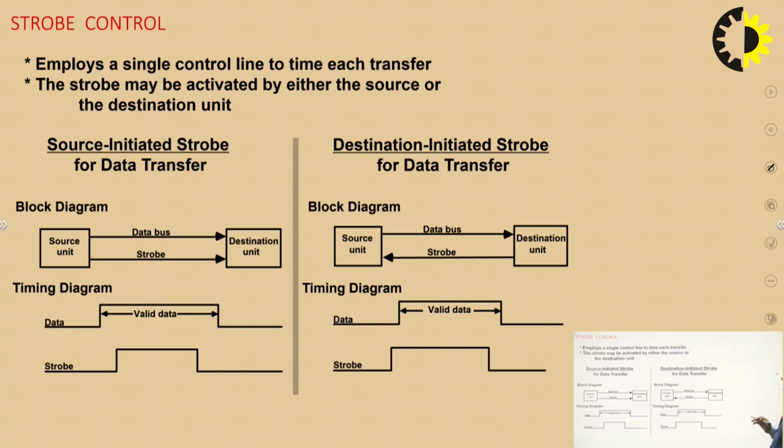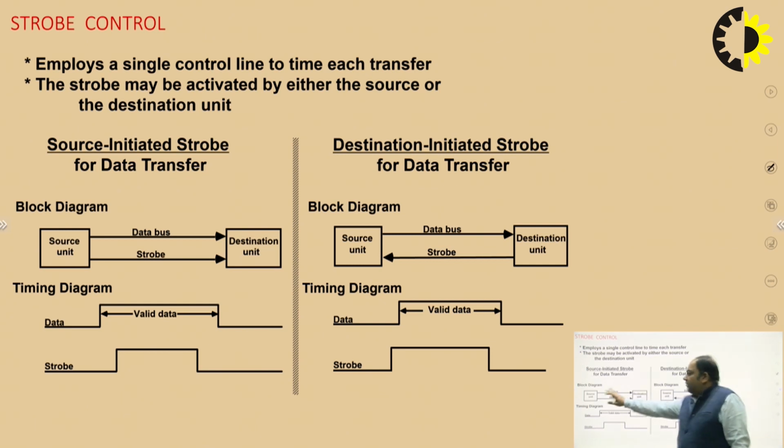Strobe pulse, as in the diagram, can be initiated by two units: one is source initiated, the other is destination initiated. The information we have to send comes from the source and reaches the destination. I will explain the role of the CPU and the memory in this. Strobe control employs a single control line for each transfer.